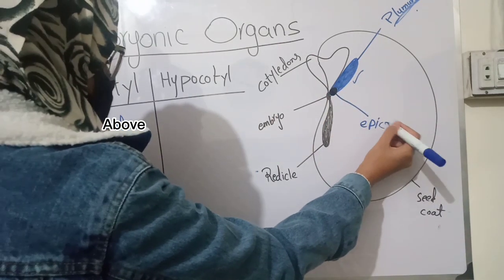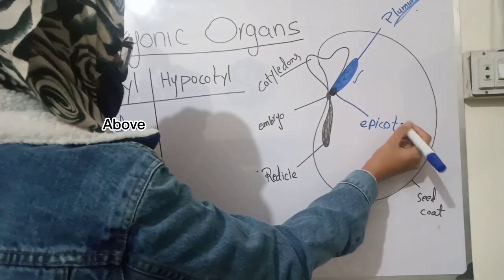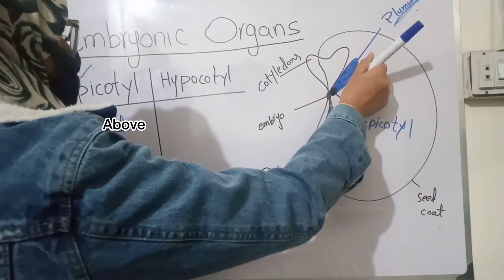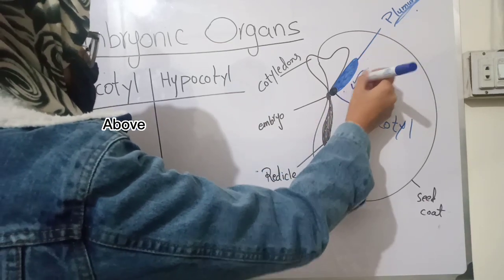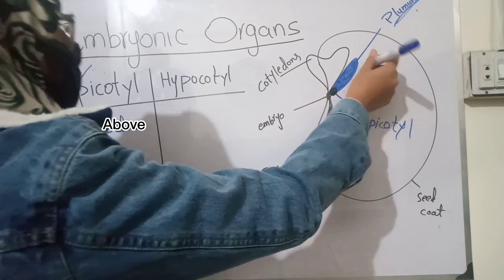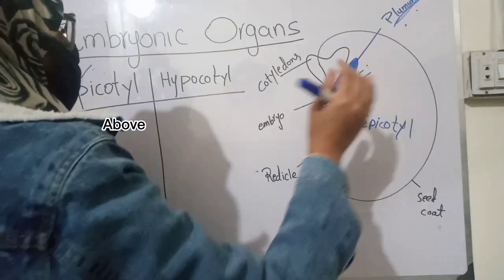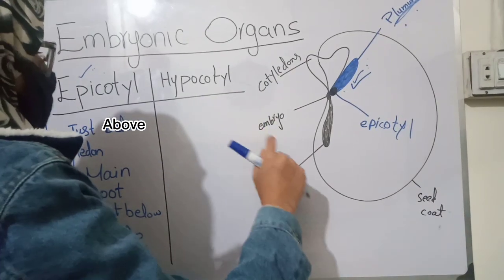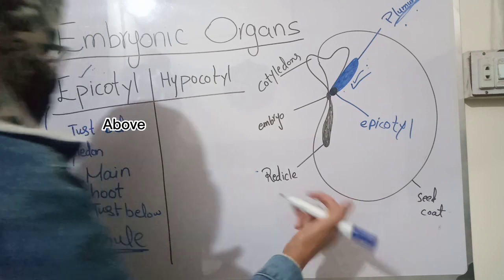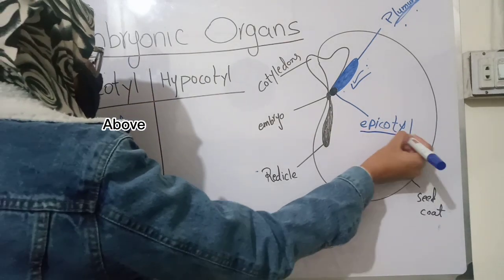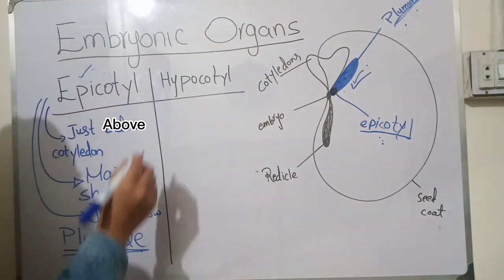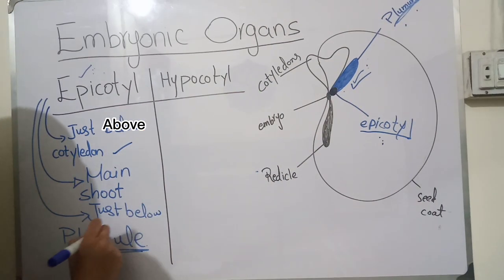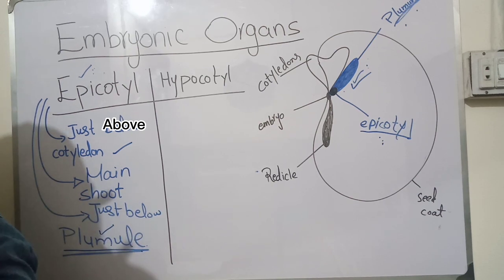So it exerts pressure on the plumule so that the plumule is able to grow and come out of the soil surface. So that part is the epicotyl. It emerges from the embryo and is below the plumule.